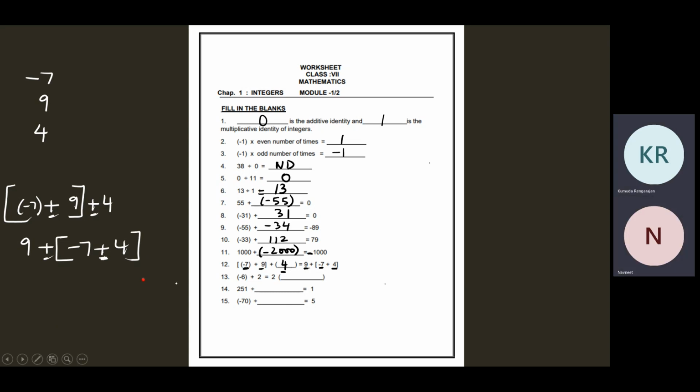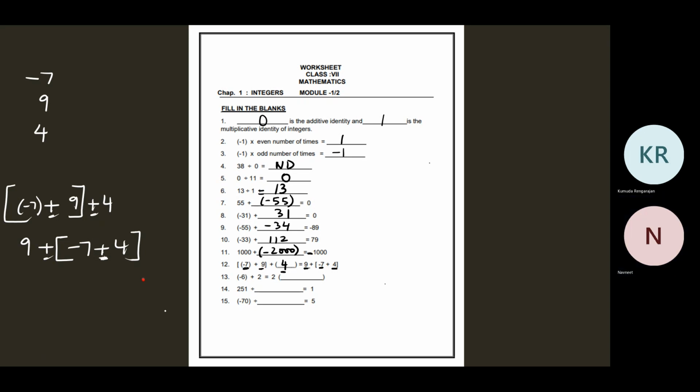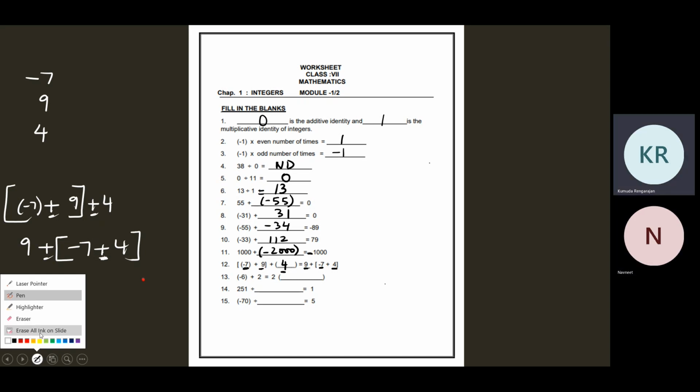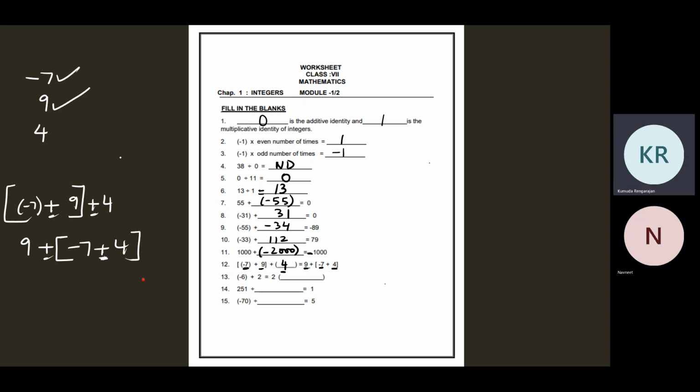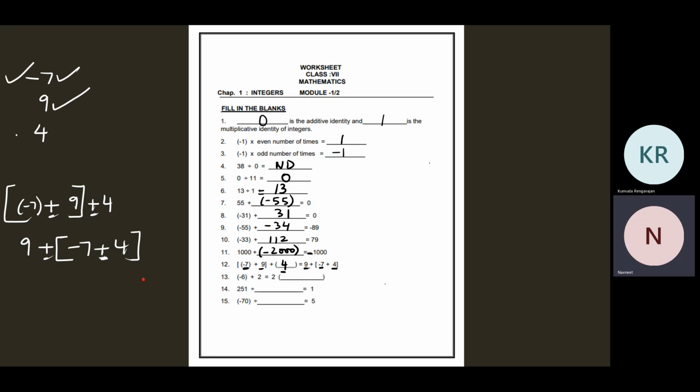Navneet, what are the 3 numbers? Ma'am, 9, -7, and 4. What is happening on both the sides? In the left-hand side, which are the 2 numbers grouped? -7 and 9. And on the right-hand side, which are the 2 numbers grouped? -7 and 4.